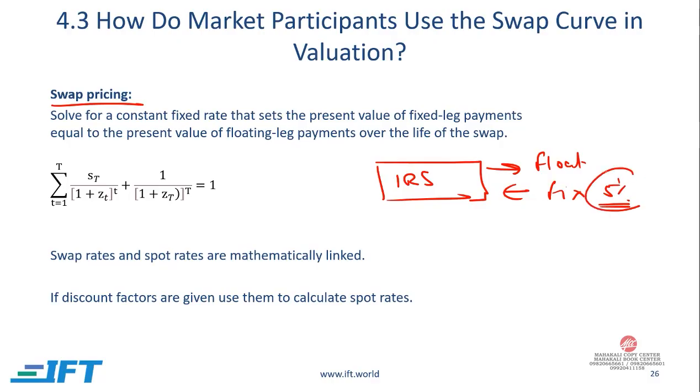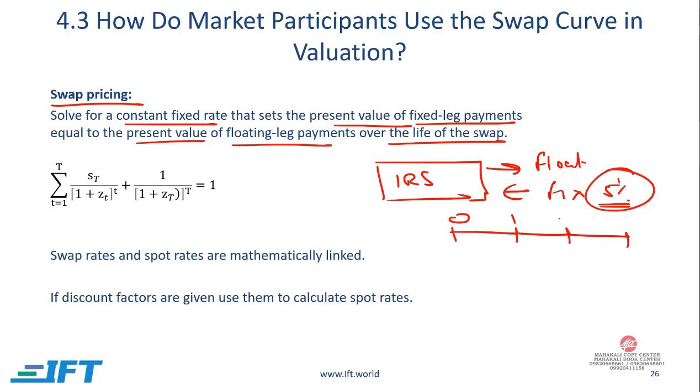So the question is, how do we calculate this 5%? We solve for this constant fixed rate such that the present value of the fixed leg payments is equal to the present value of the floating leg payments over the life of the swap. So let's say we have a 3-year swap and payments are made every year.